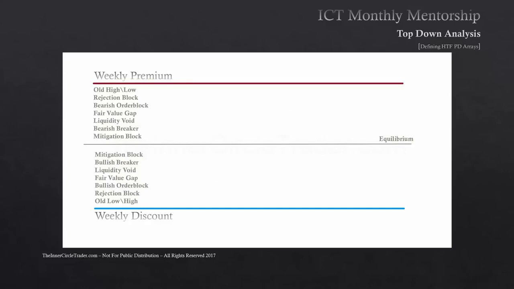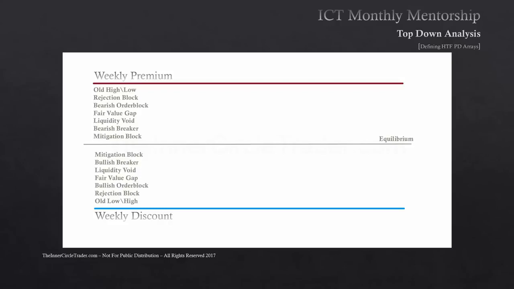Now the same thing is seen also for the weekly chart. On the weekly chart, you're going to be looking at the same thing from equilibrium up. The first thing you would expect to see when you're expecting higher prices is, are we going to run into a mitigation block, a bearish breaker? If there's a bearish breaker, you're probably not going to go higher than that. But if there is no breaker, you look for a void to close in or a fair value gap.